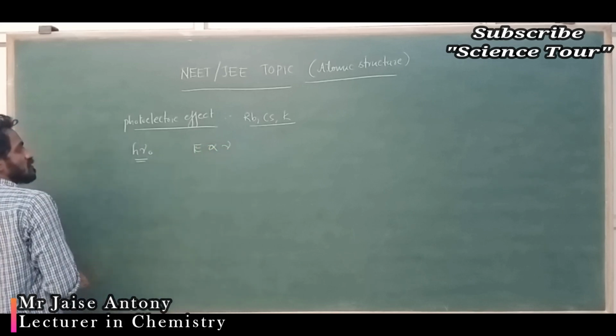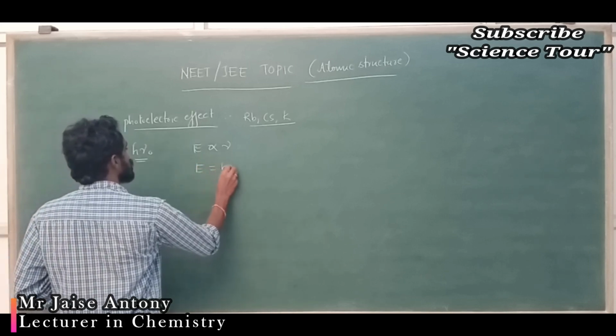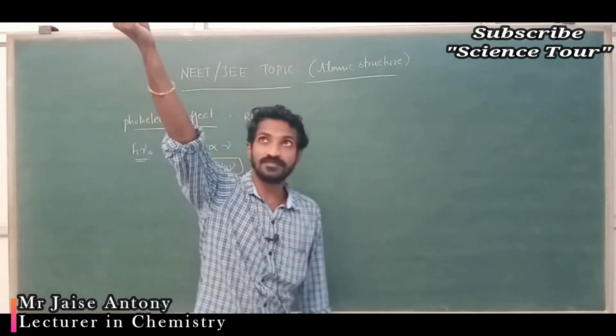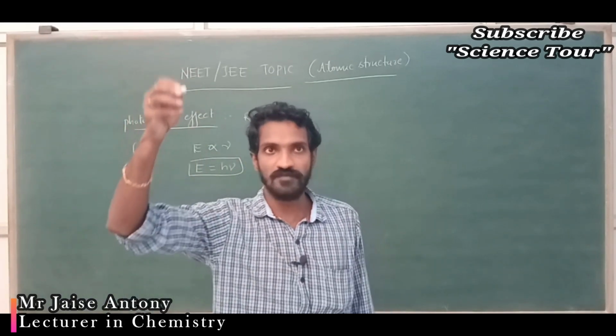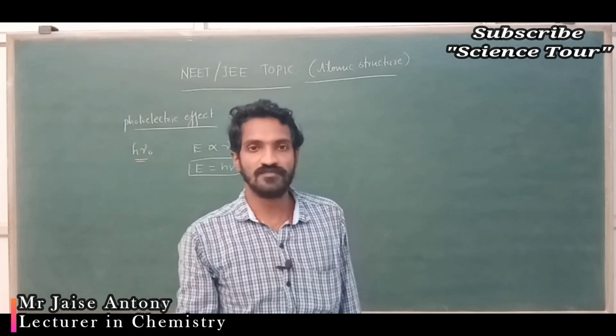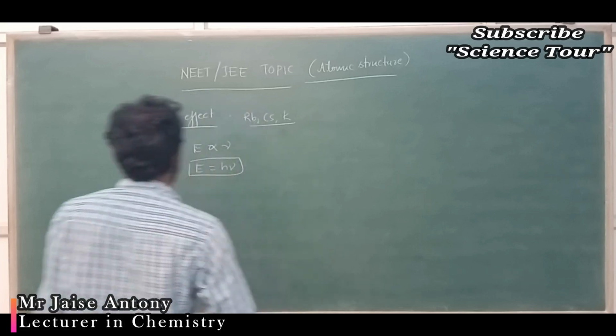So energy is equal to h nu, one packet of energy. Bundles of light packets come, one packet, two packets, three packets of energy, and fall on the metal surface, and it emits radiation, correct, no, my dear students?